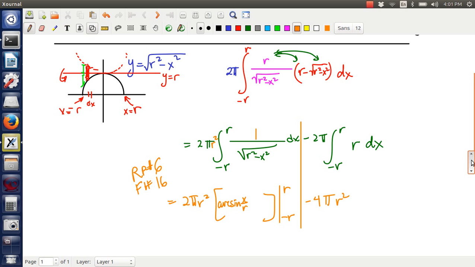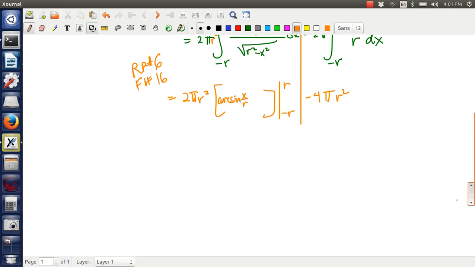Okay, so then we just do the following. We say arc sine 1 minus arc sine of negative 1. Okay, and we should realize we could have just made this 0 and doubled that. So we're really expecting to get 2 copies of the same answer. So let's see what's going on.